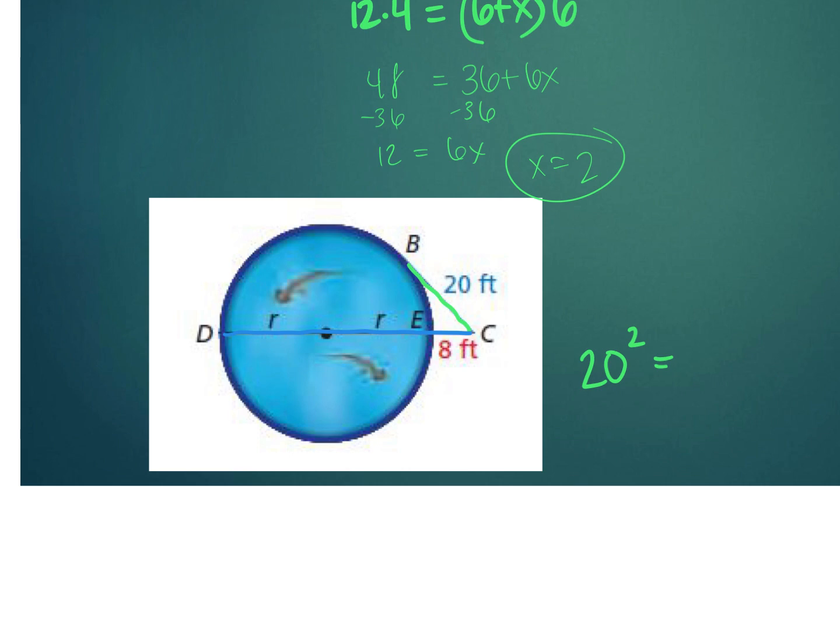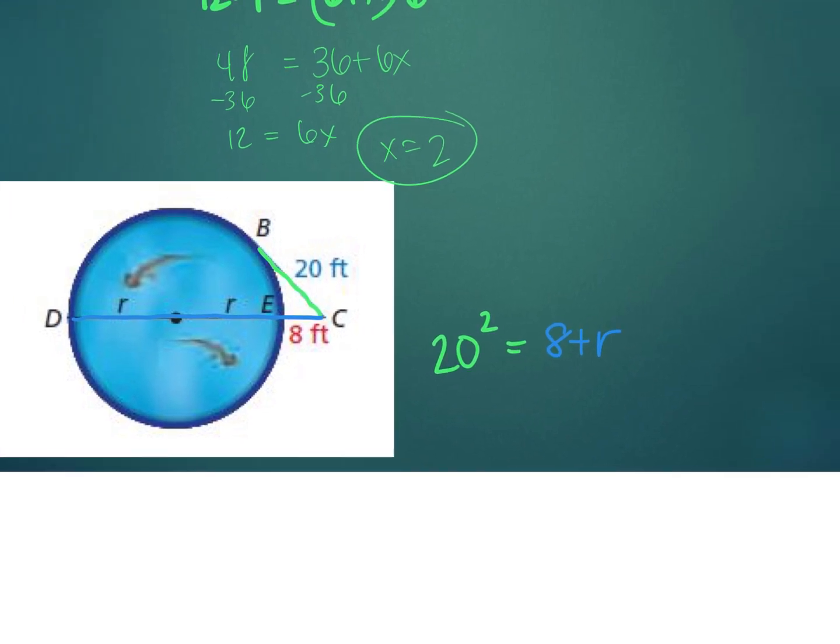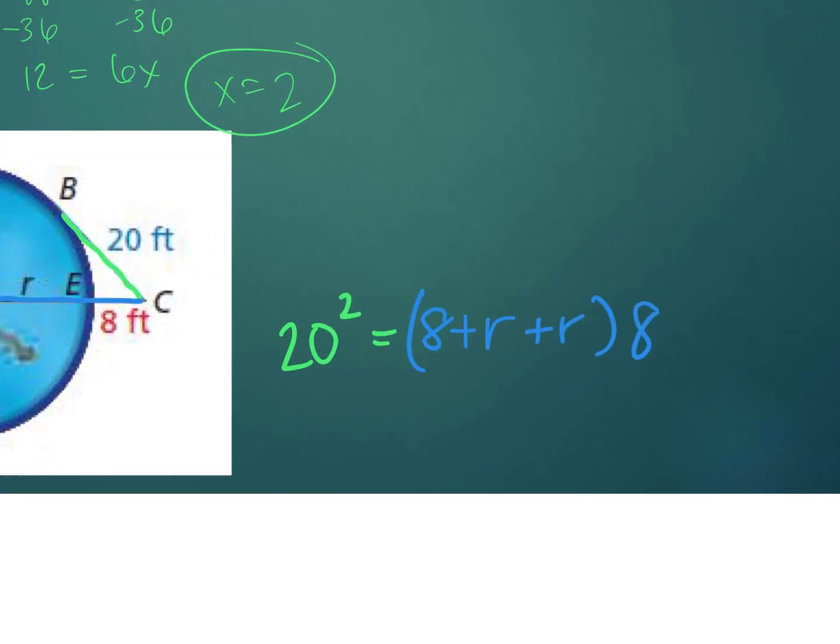That's a secant. What's the whole thing? 8 plus r, plus r. It's going to be 2r. Very good. And we're multiplying that by what? The external part. Whole times external. What's the external part? 8. Very good.